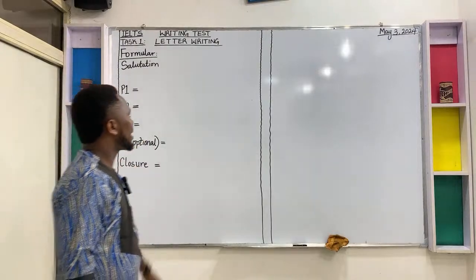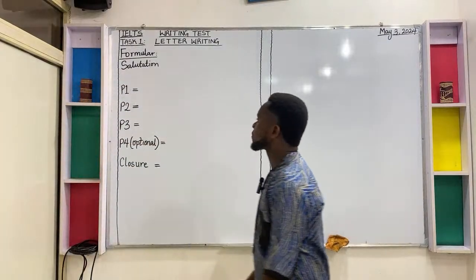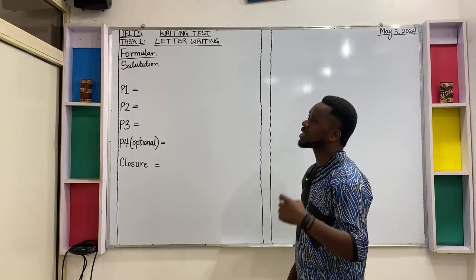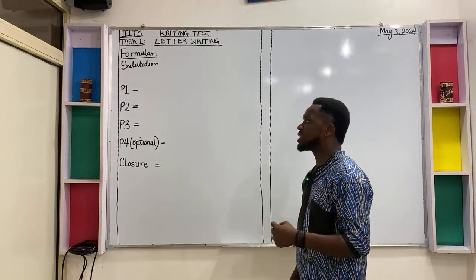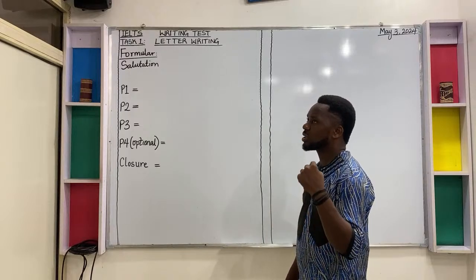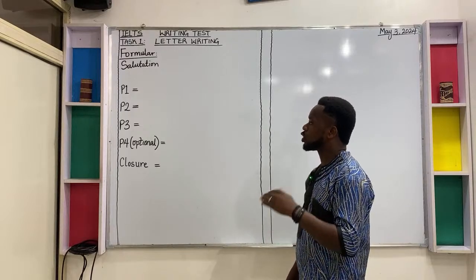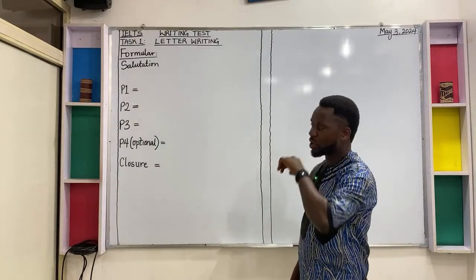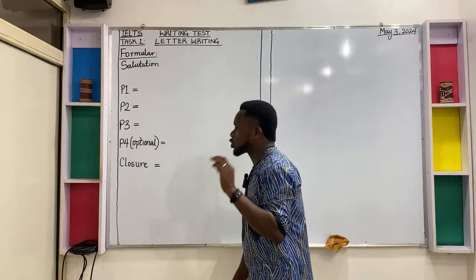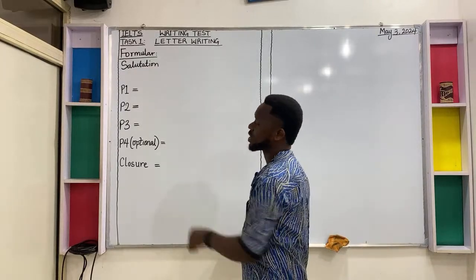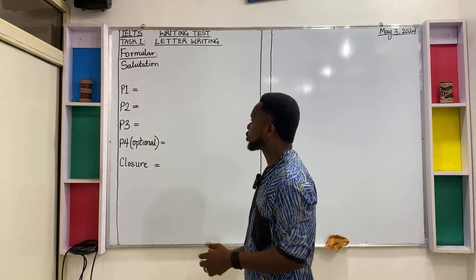The formula shows that your letter does not need address, whether it is writer's address or recipient's address or the subject of the letter. None of those is required right here. Right? So IELTS just wants you to go straight to your letter.